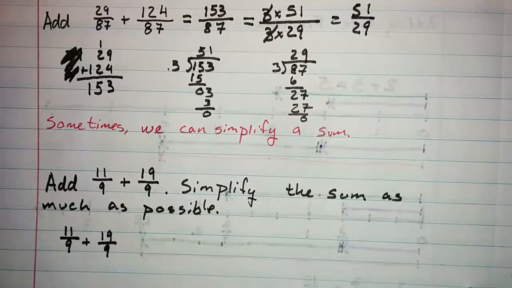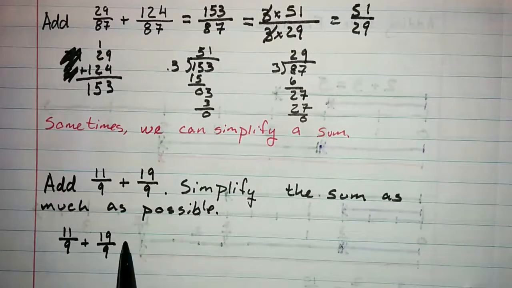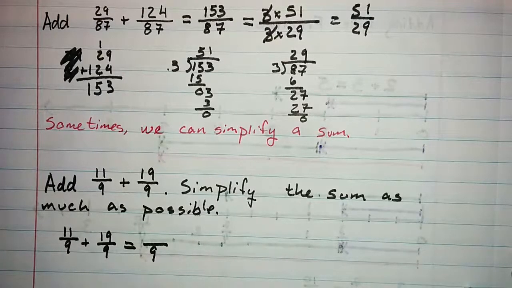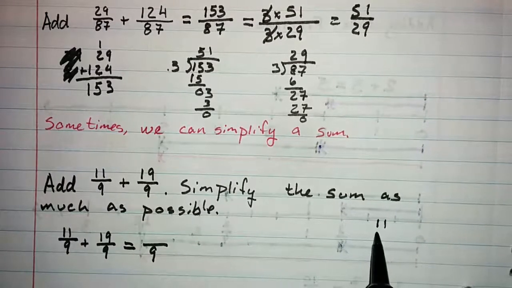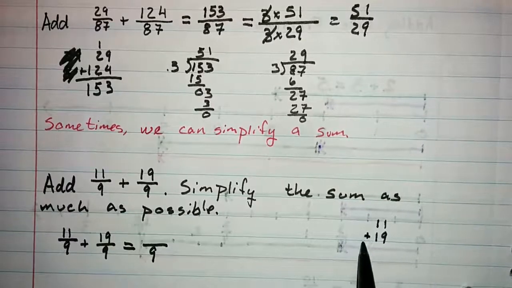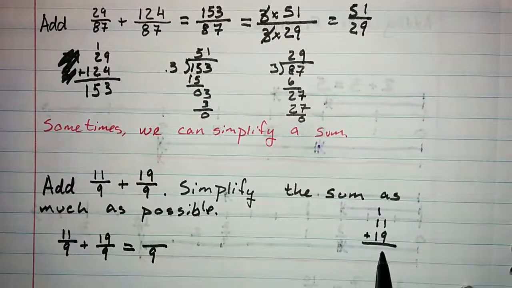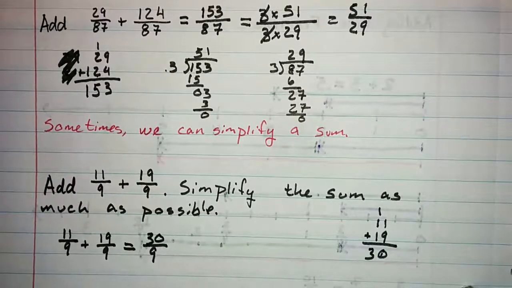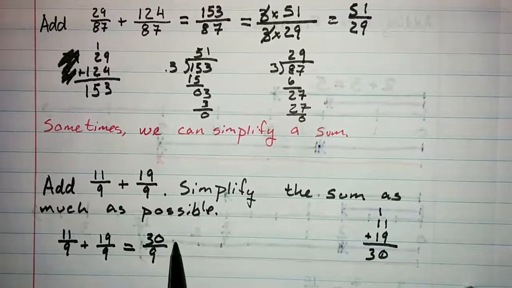Alright, the things we're adding together are all ninths, so the result will be some number of ninths. How many? Well, 11 plus 19. 1 plus 9 is 10. 1 and 1 and 1 is 3. So that'll be 30/9.